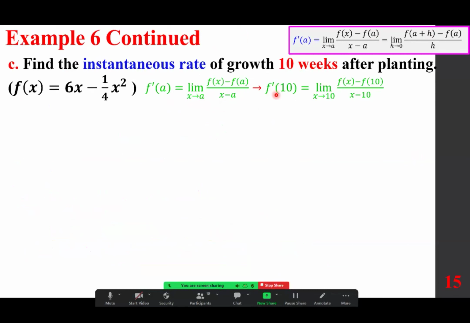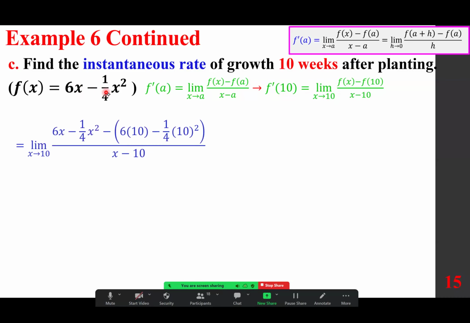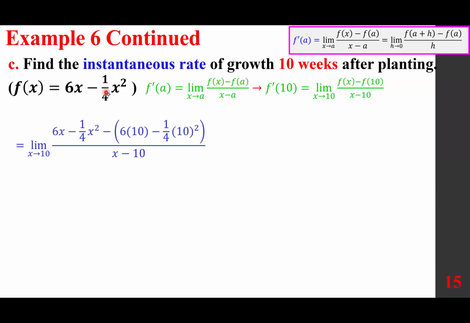And in this case, 10 weeks, f prime of 10 is the limit of f of x minus f of 10 over x minus 10 as x approaches 10. So we write f of x here, and for f of 10 we plug in 6 times 10 minus 1/4 of 10 squared. So ultimately, all we have to do is simplify the numerator, everybody. Let's do that.